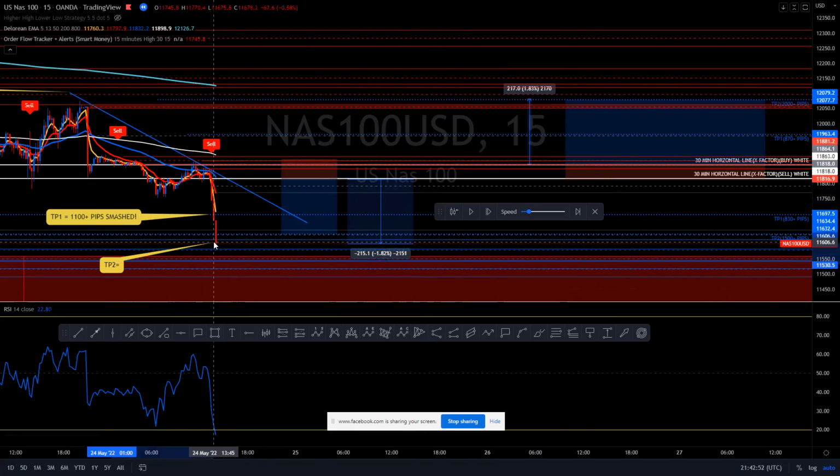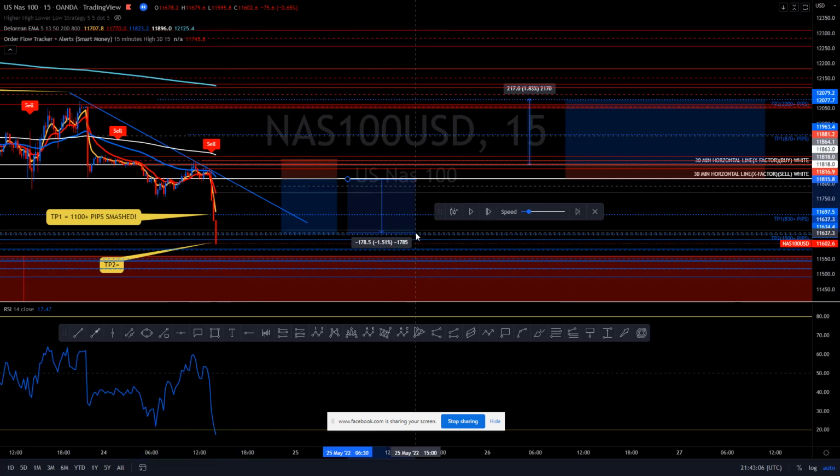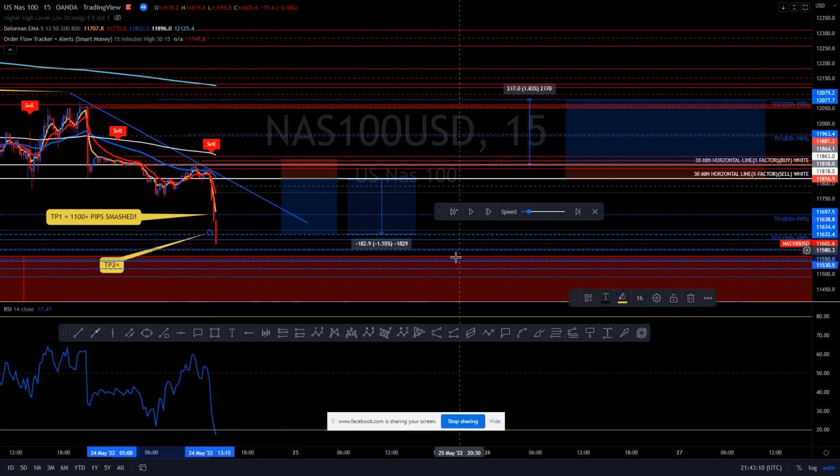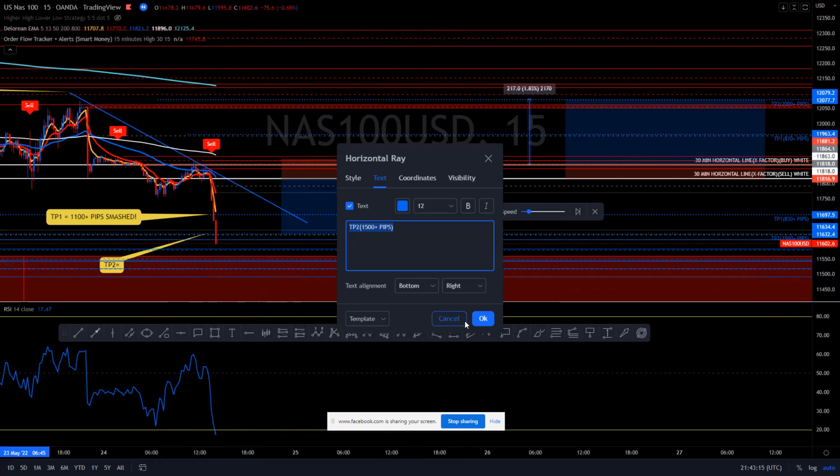So I'm going to put that over here. Oh, wait a minute, I'm tripping. This was take profit 2 here. So let me go back up here. Over 1800 pips smash.